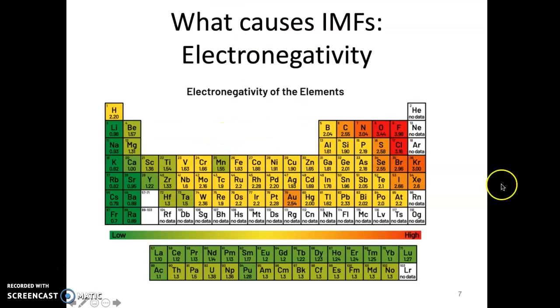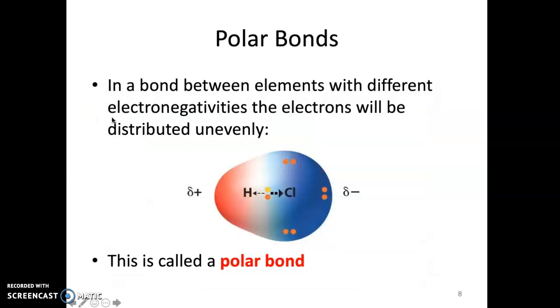If we look back at that table for a second, you'll see chlorine right here is red. It's a very electronegative element, whereas hydrogen over here is kind of yellowish. It's not very electronegative. So when those two are bonded together, the chlorine ends up being the more negative side of the molecule because the electrons are more attracted to the chlorine.